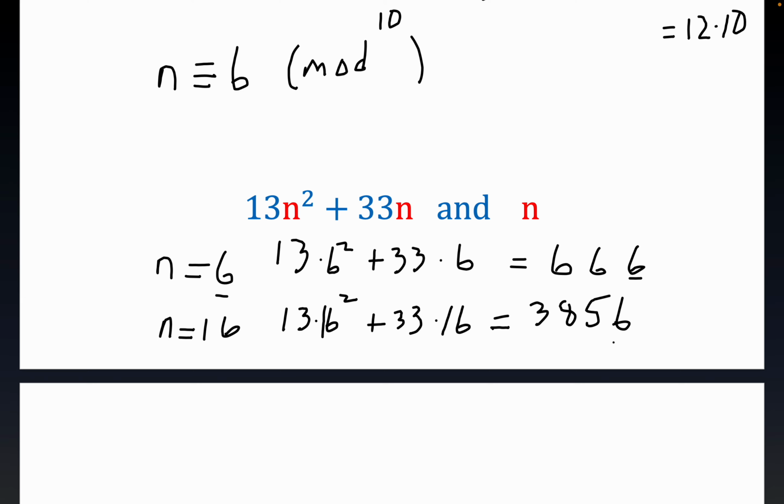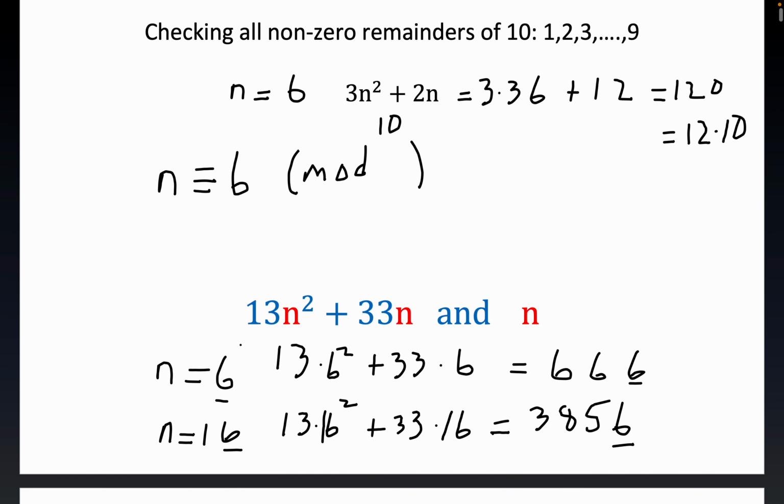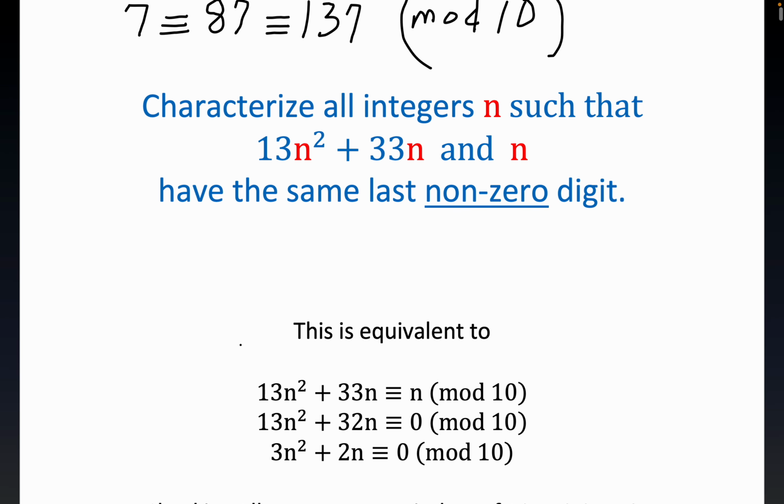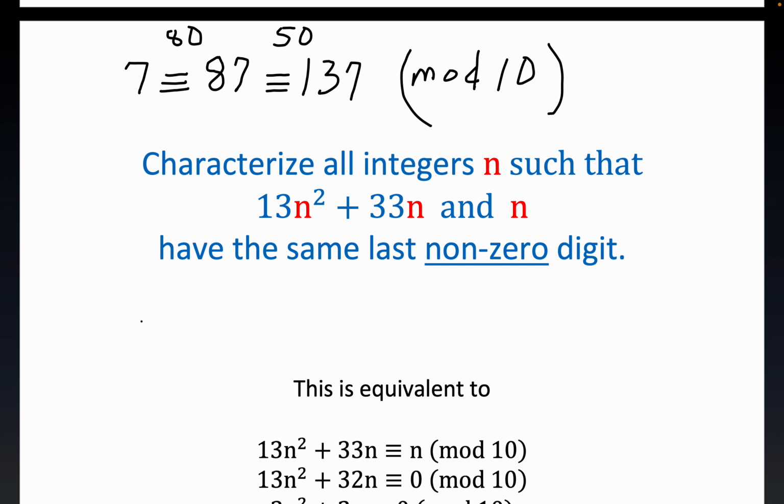So you see, again, it ends with 6, and our n ends with 6, right? So there's two examples to verify that our claim is true. So again, the characterization of the n's that would do this would just be any n that's congruent to 6. Now we've got to be slightly careful with this, though. But I'm going to say n congruent to 6 modulo 10 is the answer. That would be the answer in terms of characterizing all the n.